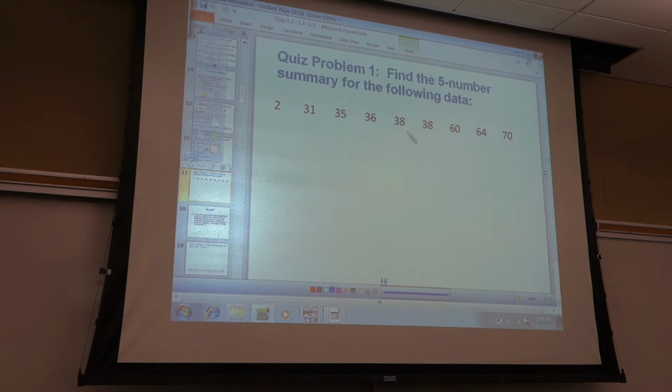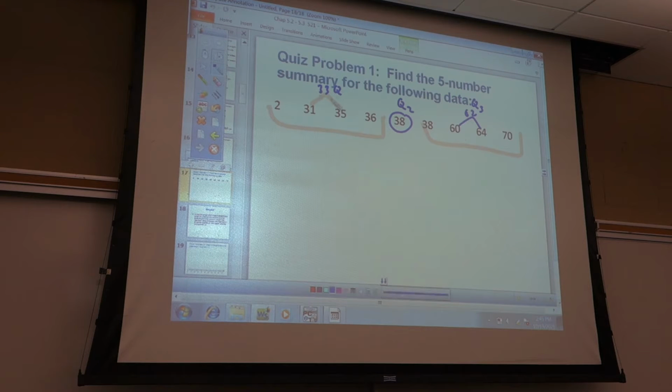Okay. So here, we have one number smack dab in the middle. We have a lower half. We have an upper half. So my Q1 would be the average of these two, which would be 33. That's my Q2. The average of these two, 62, is my Q3. Oh, sorry, this is my Q1.